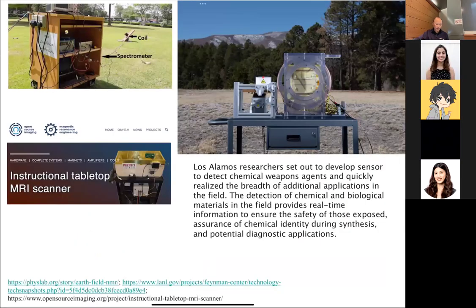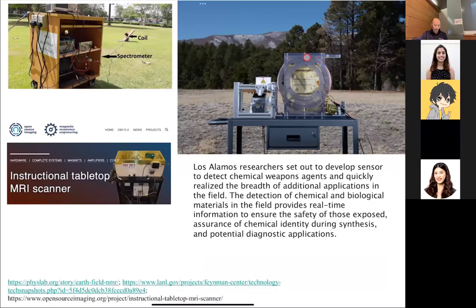I put this slide in just because it is possible to do MRI using just the Earth's magnetic field. Even sitting in this room, there is a magnetic field, as you calculated, and you calculated that the frequency of the spins is about 2,000 hertz. These are two examples.